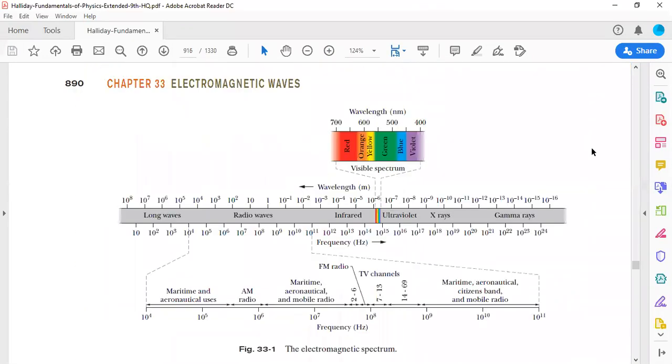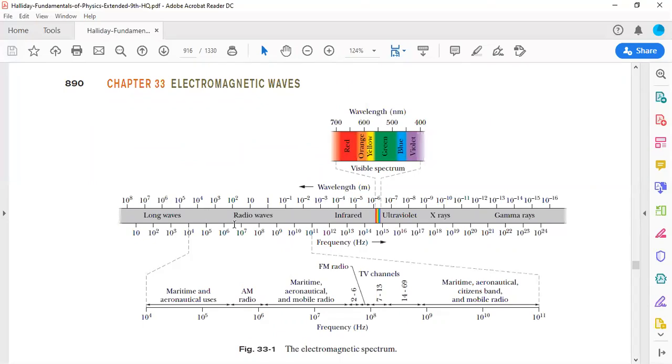If you can see the figure in front of you on screen, a very small portion is shown in different colors: red, orange, yellow, green, blue, and violet.